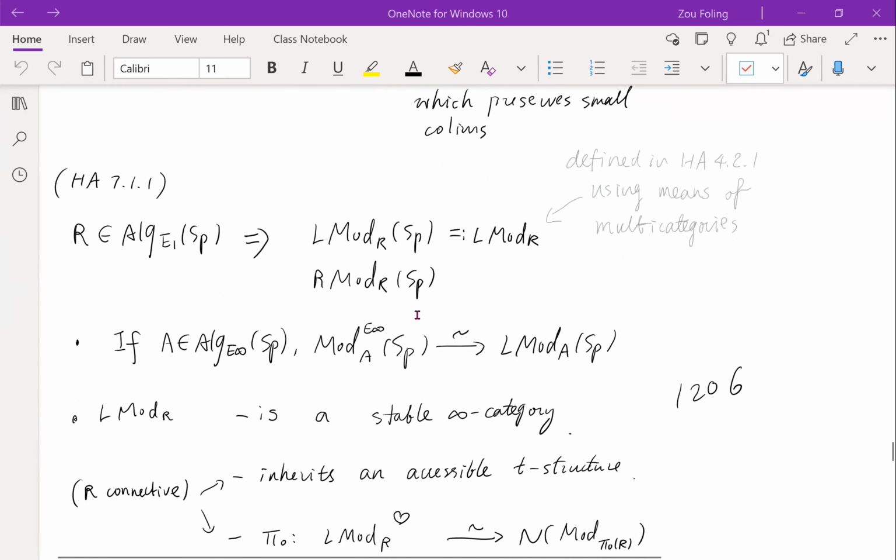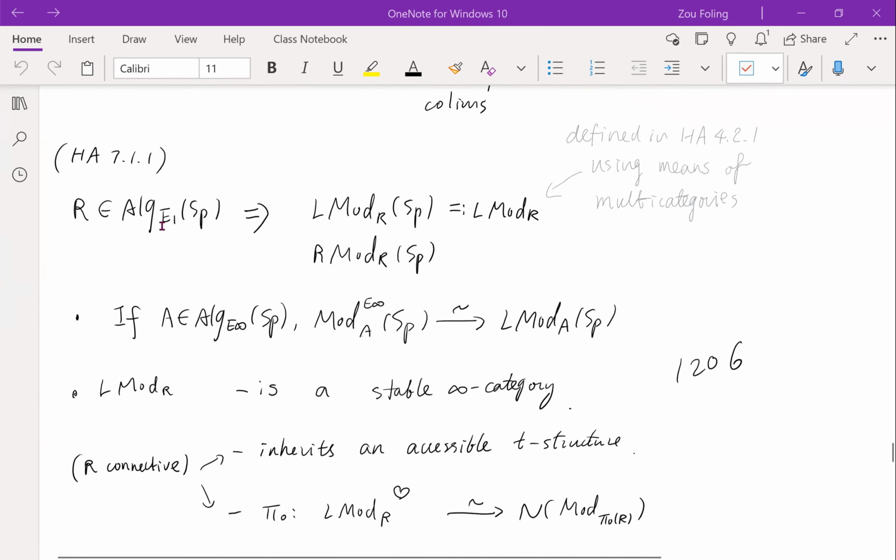And if I have an E1 spectrum R, then I can define left module over R in spectra. And I will drop the spectra in the notation. I can also define right module. And this is defined using means of multi-categories, which I'm not going to explain.